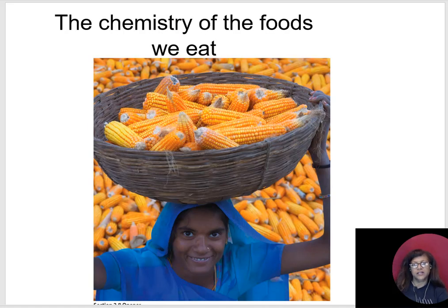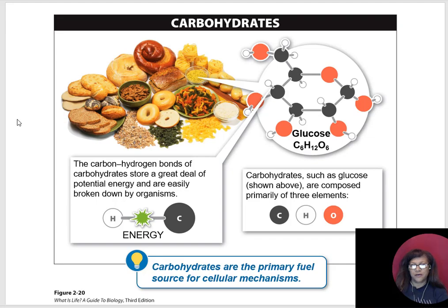But let's go ahead and start talking more about macromolecules. Macro meaning large, right? And with this, we're going to start talking about the chemistry of the foods that we eat. So let's talk about carbohydrates first, because they're very important. Our bodies actually love carbohydrates.